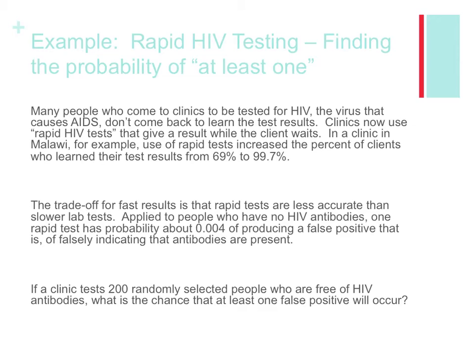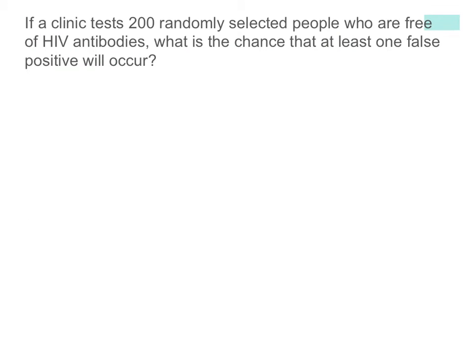Test results for different individuals are obviously going to be independent. What one individual tests doesn't affect the other. So we know we have 200 independent events here.